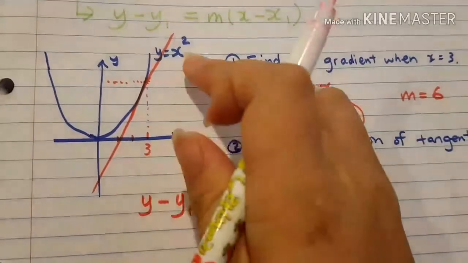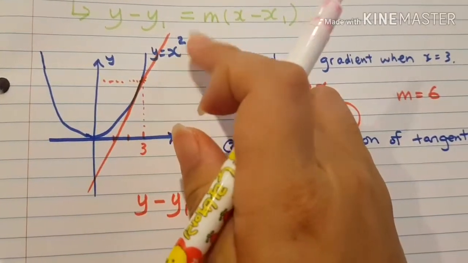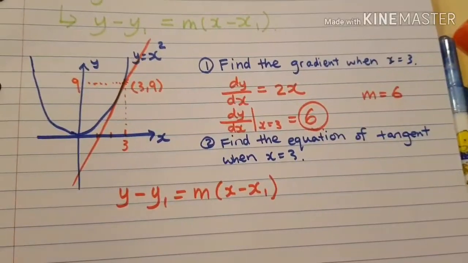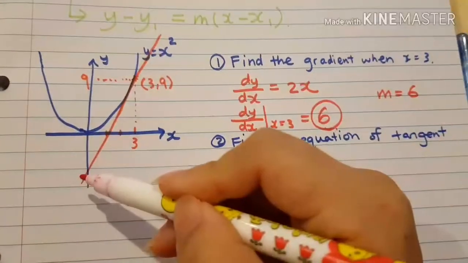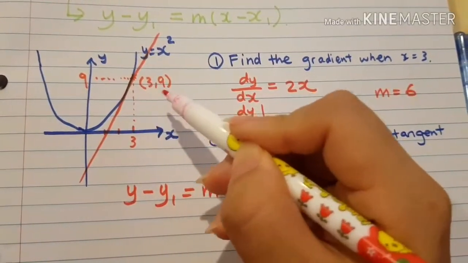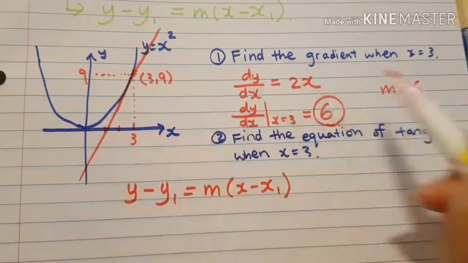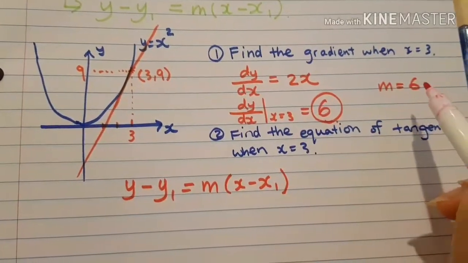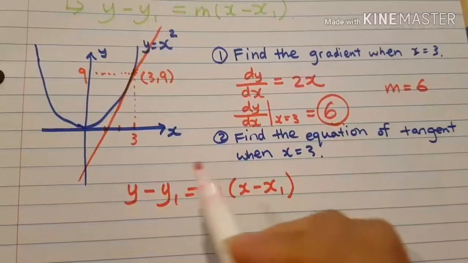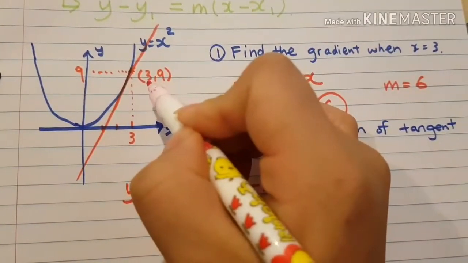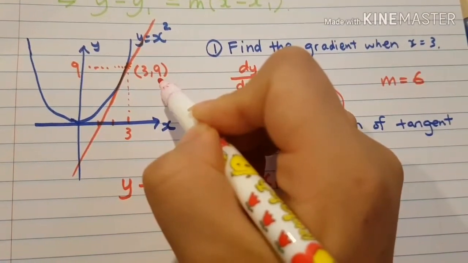I'm just going to insert 3 into the original equation. 3 squared is 9. So this line passes through the point (3, 9) and the gradient is 6. I'm going to insert those values. This is x1 and this value is y1.